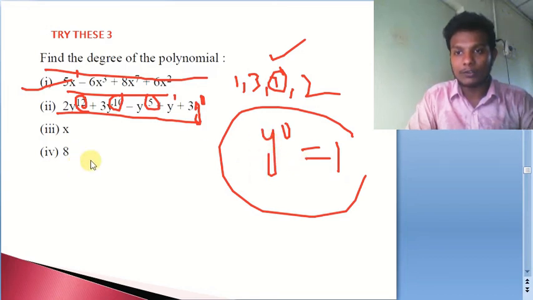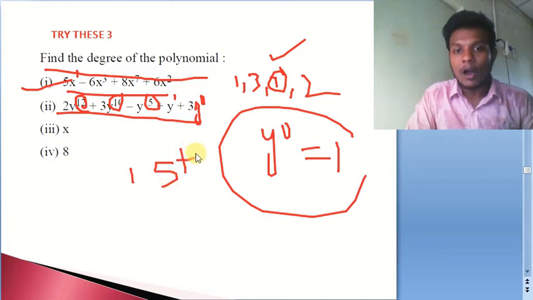But for now, just see the powers: 12, 15, 10, 1, and 0. Out of that, what is the highest value? 15. So it is a 15th degree polynomial, or I can say the degree of this polynomial is 15.